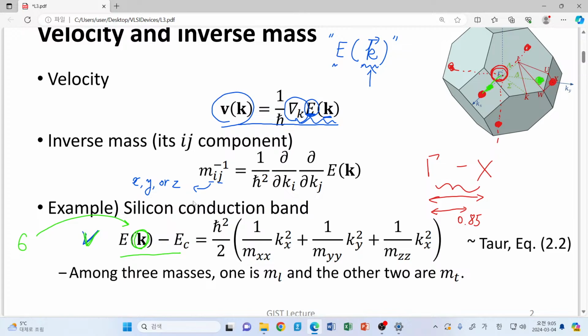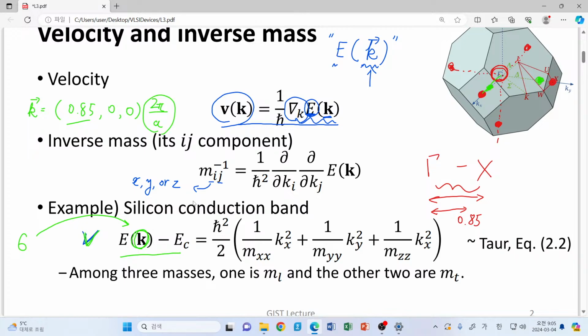So k, for example, can sometimes be a vector near 0.85, 0, 0, and of course the scale is the length between gamma and X point, which is corresponding to 2 pi over a.